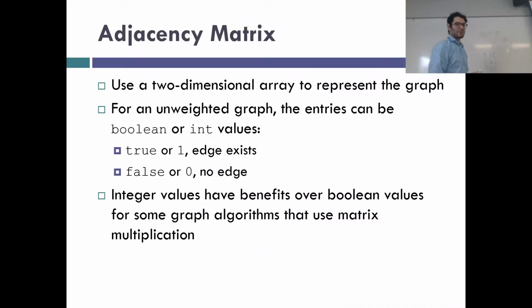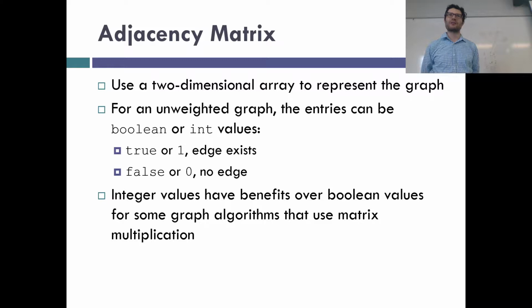In adjacency matrices, we use a 2D array to represent the graph. Unweighted graphs are treated a bit differently than weighted graphs. For unweighted graphs, we can use either a 2D array of booleans or a 2D array of integers. It's actually better to use integer values because some higher level graph algorithms can use matrix multiplication on an unweighted graph to figure stuff out about it.